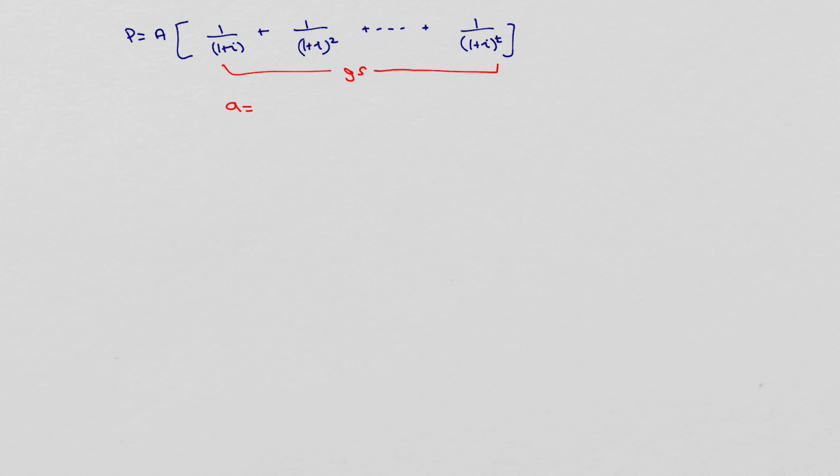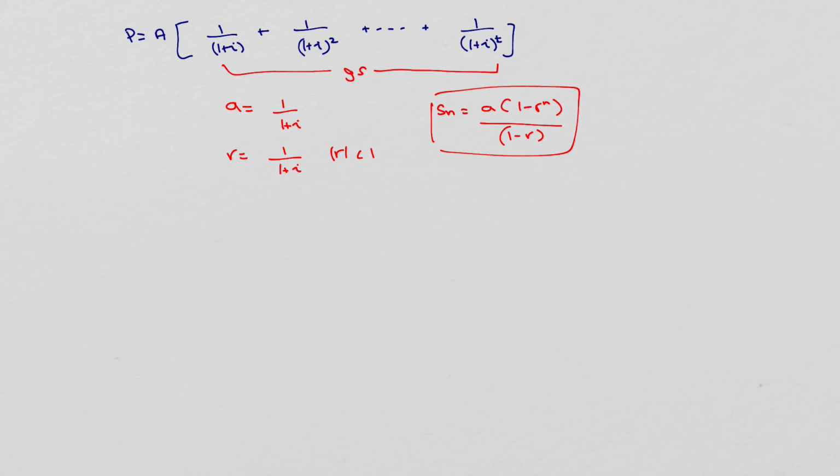And I say, well, a is 1 over (1 plus i), and r is also 1 over (1 plus i), which means that that's less than 1. And therefore I can get the sum to n terms, page 22 in my maths tables. And n is the number of compounding periods, so in this case, that's obviously just t.